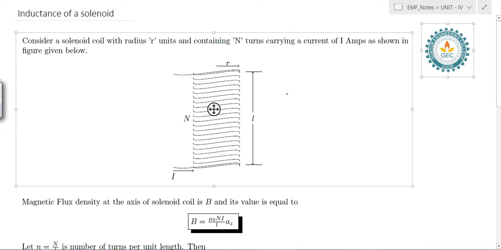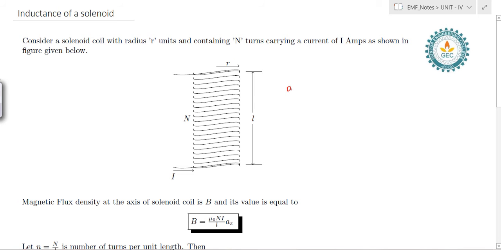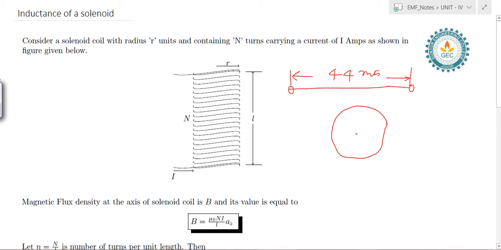Here, suppose that we took a conductor of a particular length, say let it be 44 meters. Then this 44 meter conductor can be bent in the form of a circle having a radius of 7 meters.